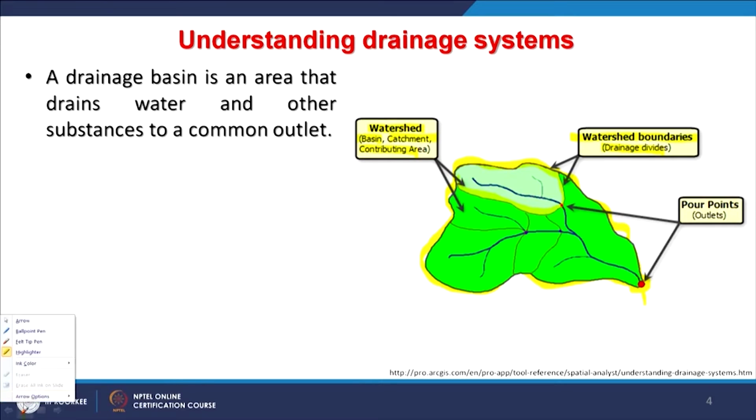For example, if I do not currently have the topographic map or digital elevation model in the background, but I decide that this is my outlet, then this can be my watershed like this, and if I decide that this is the outlet, then this can be my watershed.